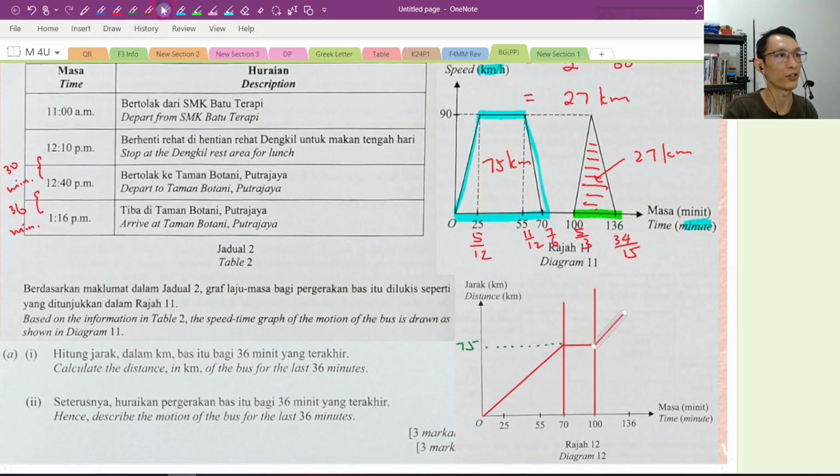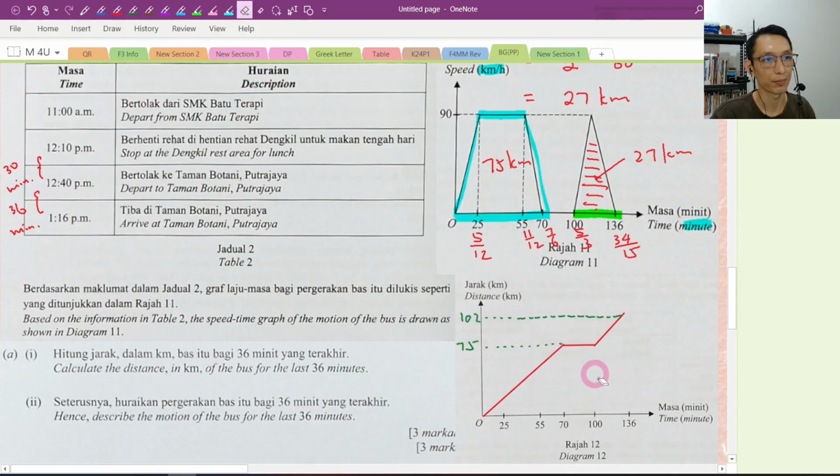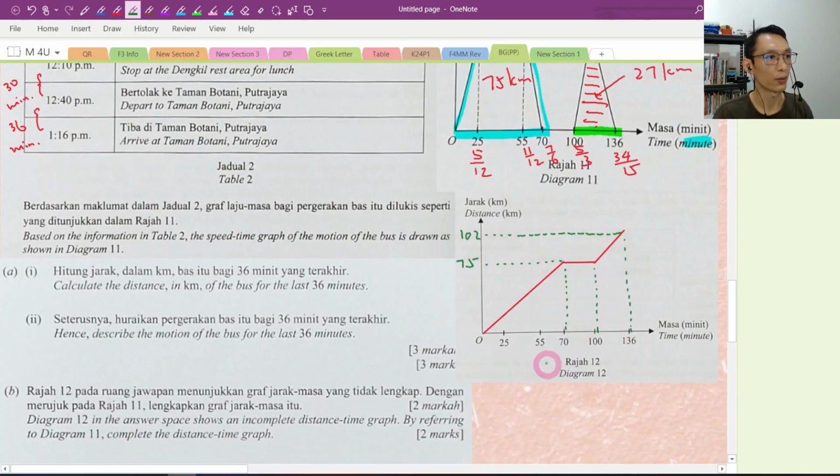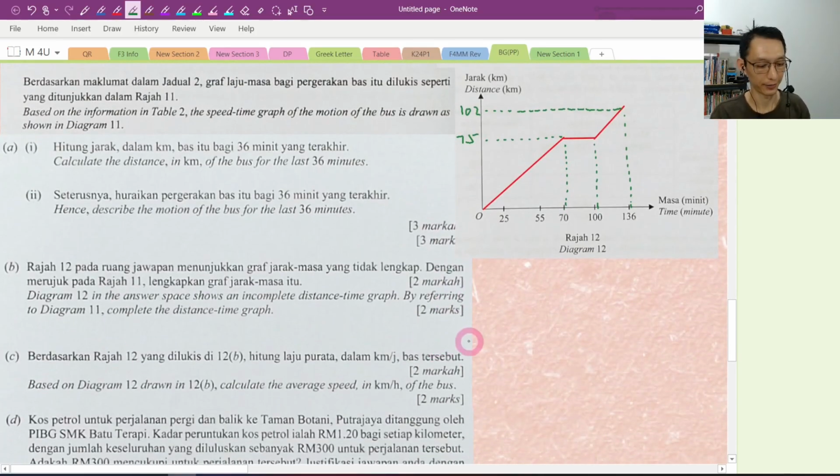Okay, I just roughly sketch it. This is 102. Let me erase this line. Okay, this is the answer for part B.